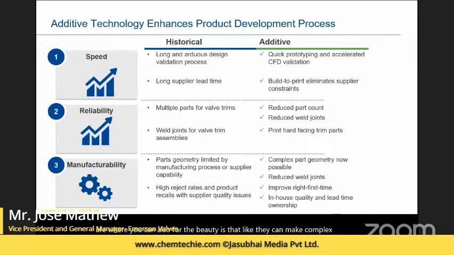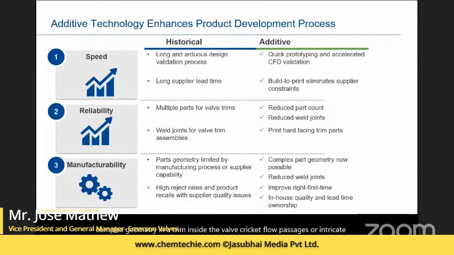If I look at this from historical methods to the latest additive, one, you're compressing your lead times, so improved speed. You're improving the reliability of that particular component or part, because the part count comes down and the number of weld joints comes down. And in manufacturability, in the past, some complex geometry in a trim inside the valve, with intricate flow passages, was difficult to machine.